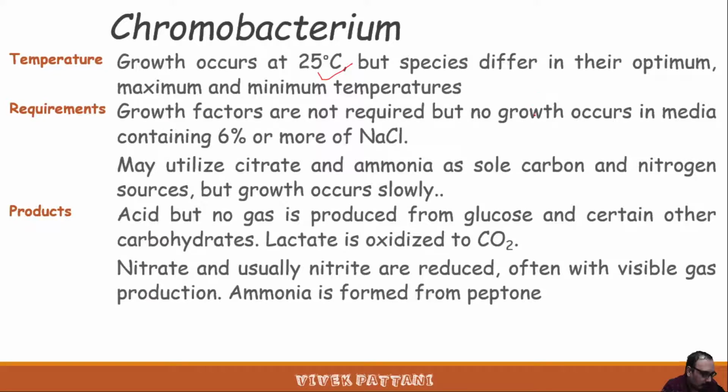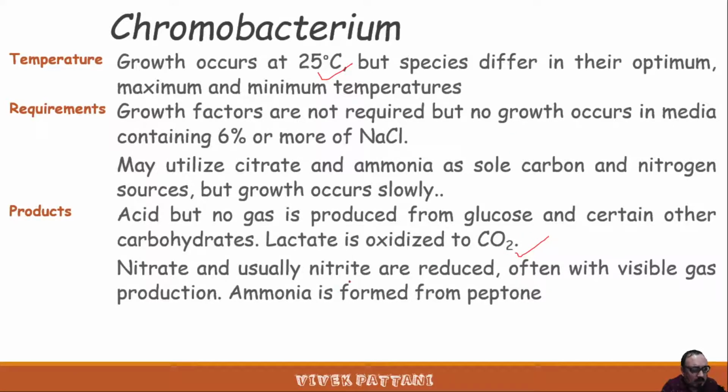Growth factors are generally not required and they may utilize citrate as carbon source and ammonia as nitrogen source, but they will grow slowly. Acid, but no gas, is produced from glucose and certain other carbohydrates, and lactate is oxidized to carbon dioxide.